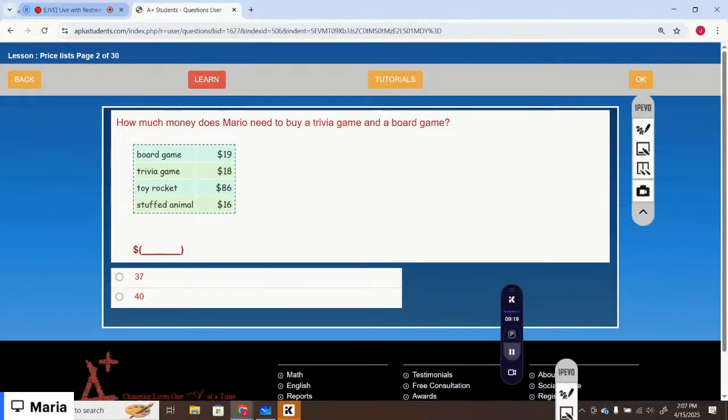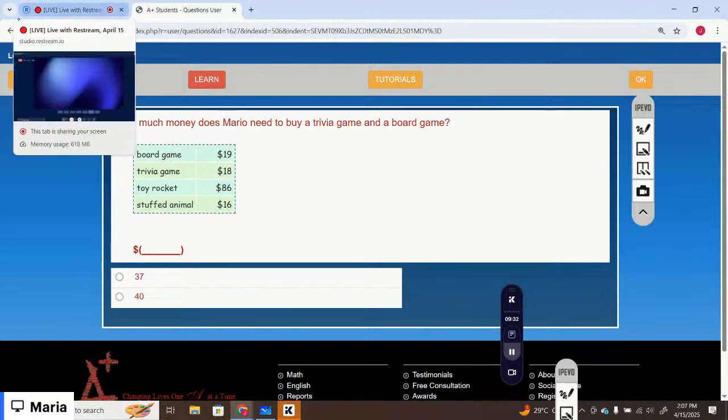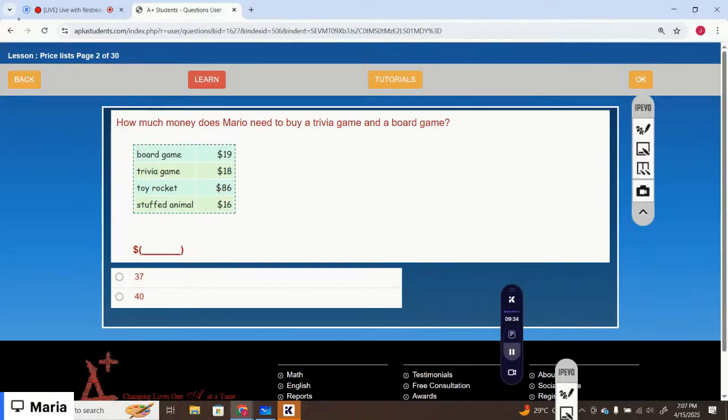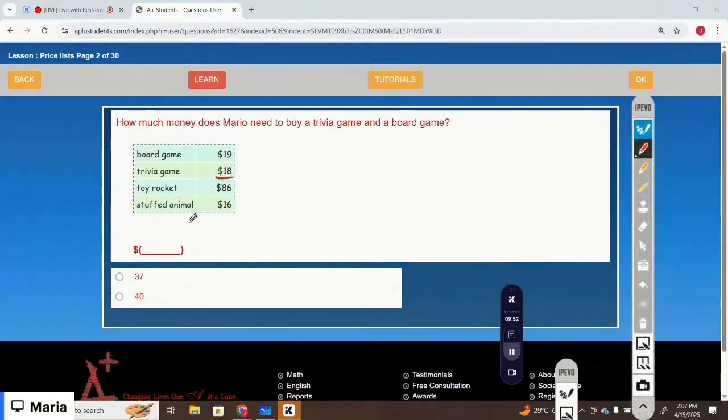How much money does Mario need to buy a trivia game and a board game? The trivia game is $18 and the board game is $19.